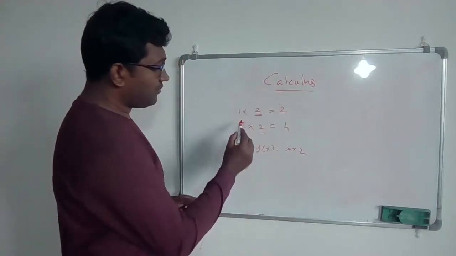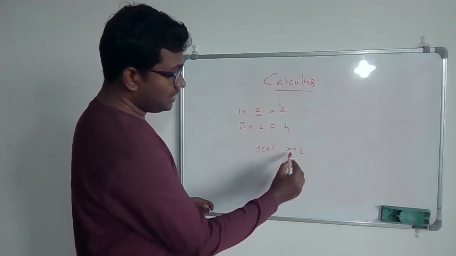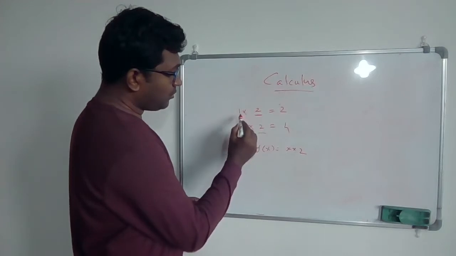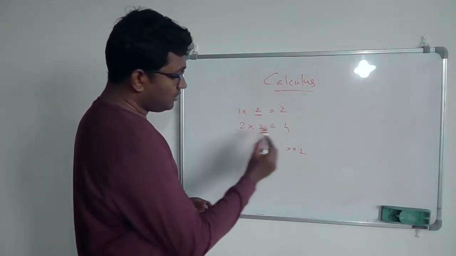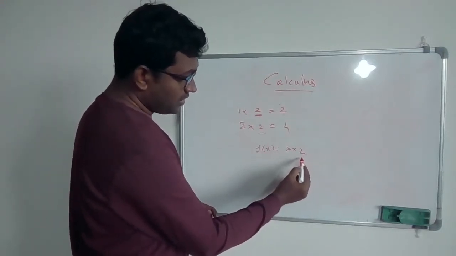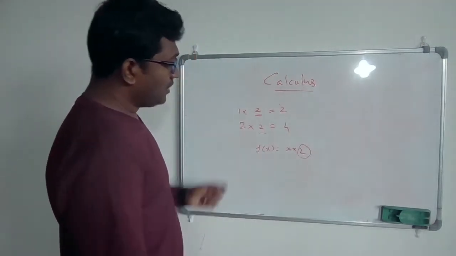We wanted to basically find the function. What should I multiply 1 with to get the answer 2? What should I multiply 2 with to get the answer 4? And we were trying to find out this number 2 using machine learning.